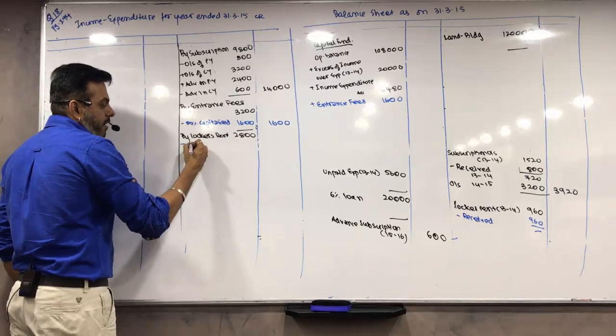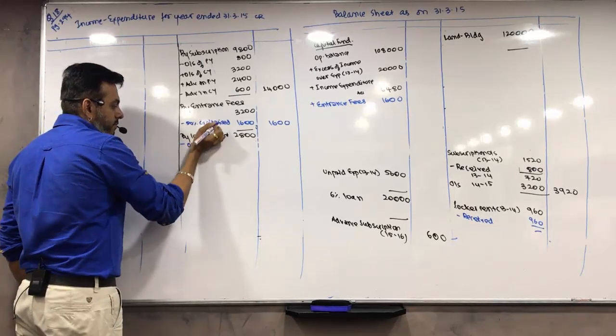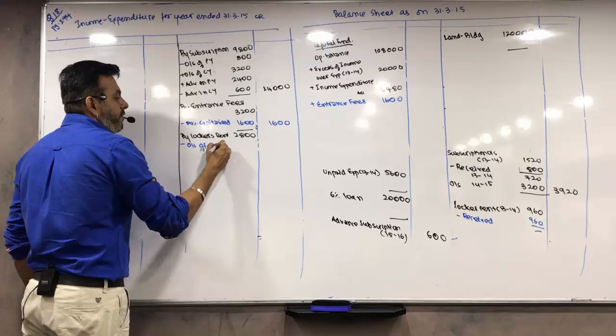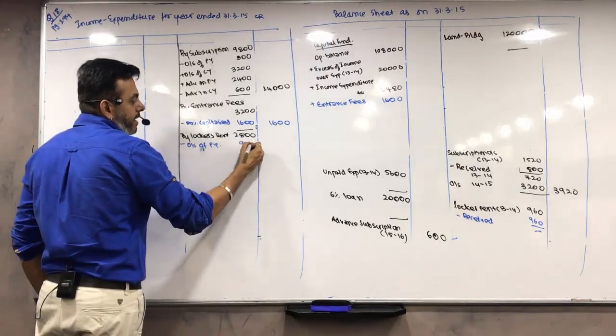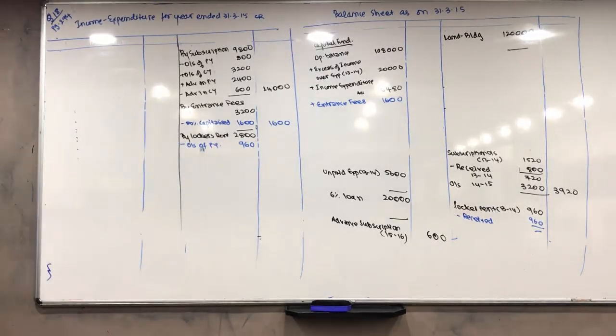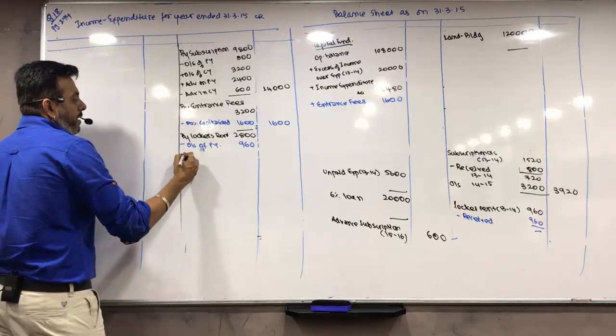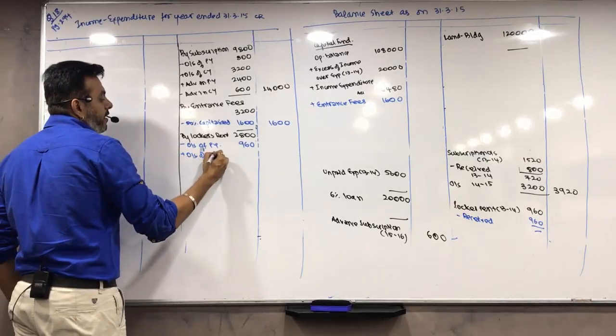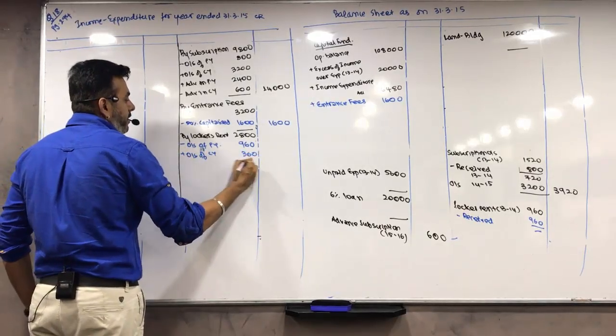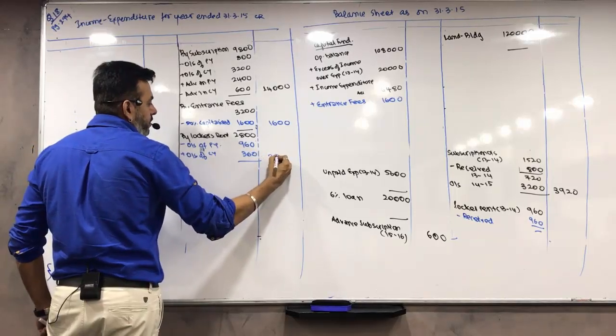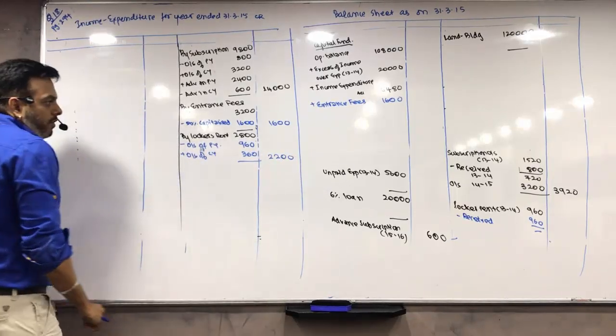So minus outstanding of previous year, 960. How much is for the current year? 360. Plus outstanding of current year, 360. So 2,200.